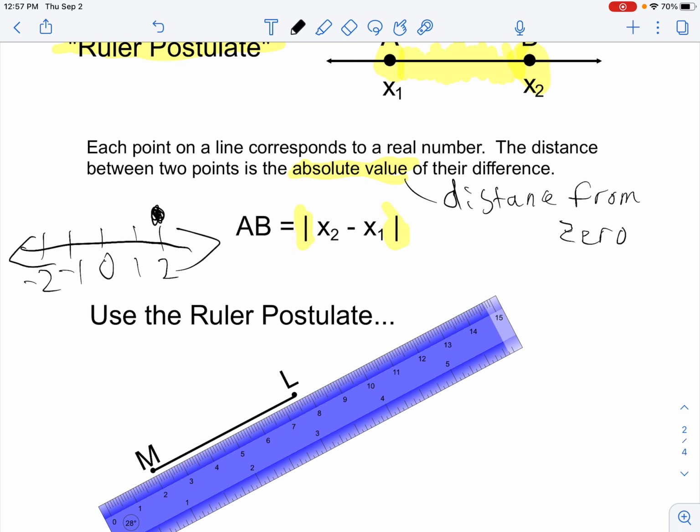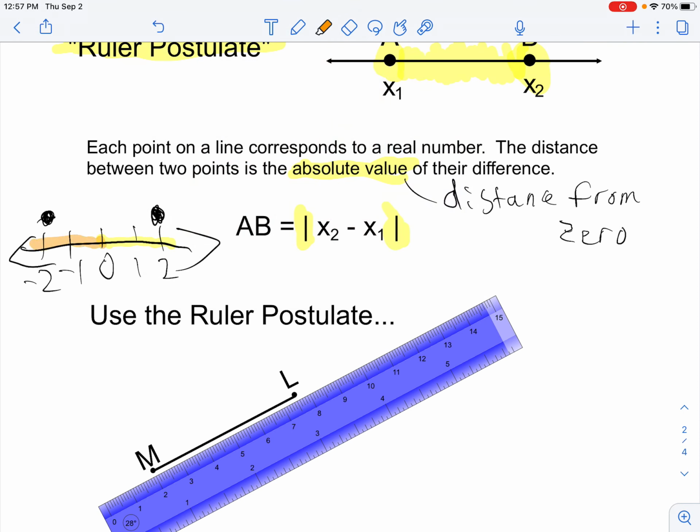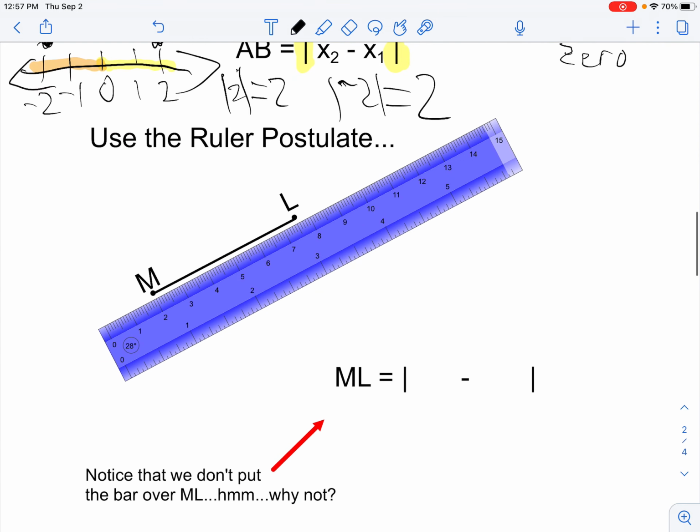If I look at the point 2 and then the point -2, their distance from 0 is the exact same. They both have a space of 2 units. So the absolute value of 2 is 2. The absolute value of -2 is also 2. Again, distances are never negative.